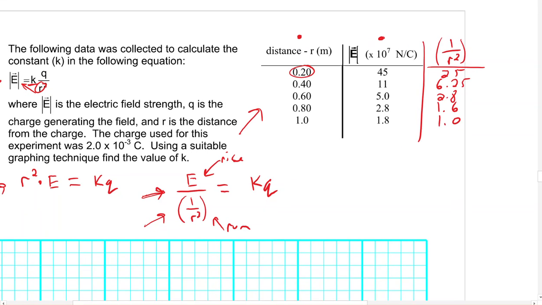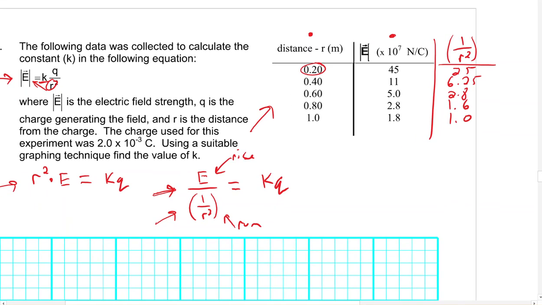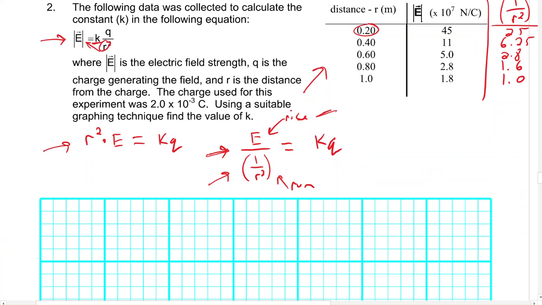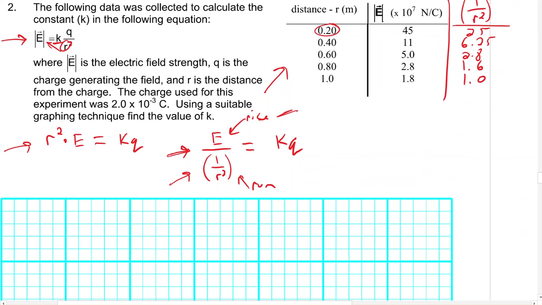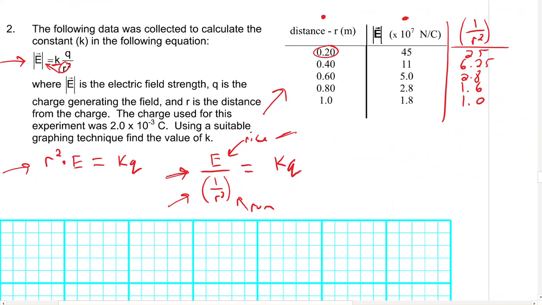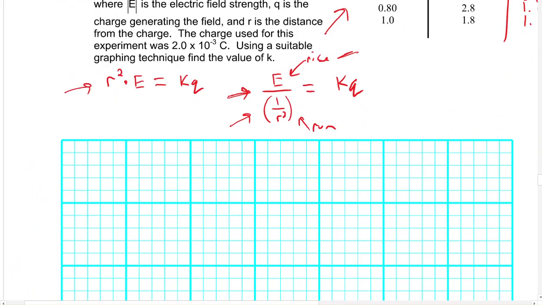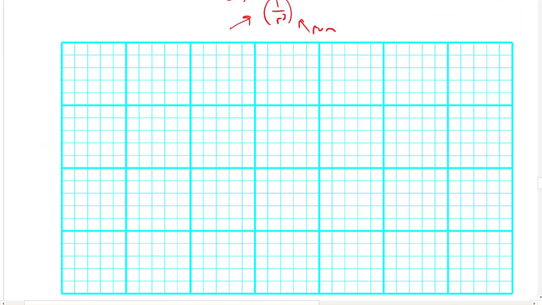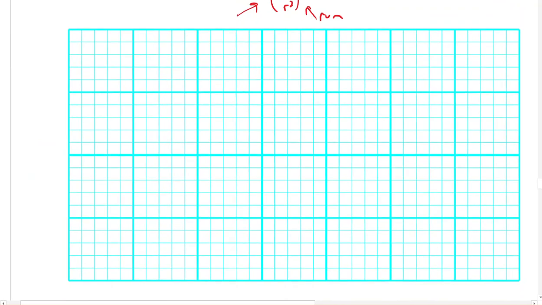Okay, so then let's graph. Remember I need E on my y-axis because it's the rise, and 1 over R squared on the x-axis for the run. E goes from 0 to around 50. I'm going to do the same type of thing as the graph they gave us here.